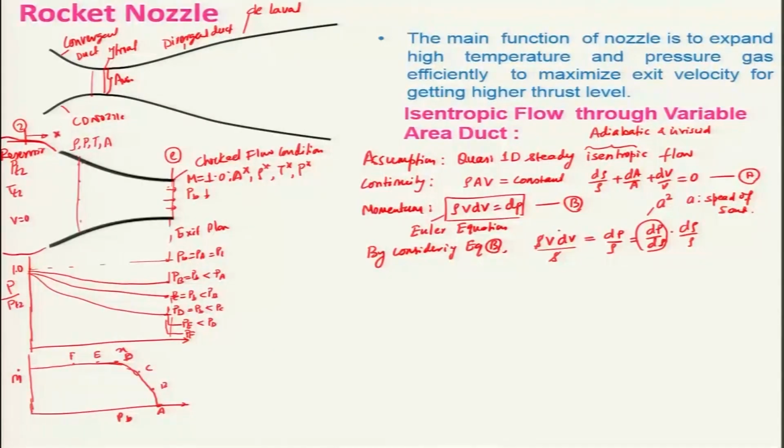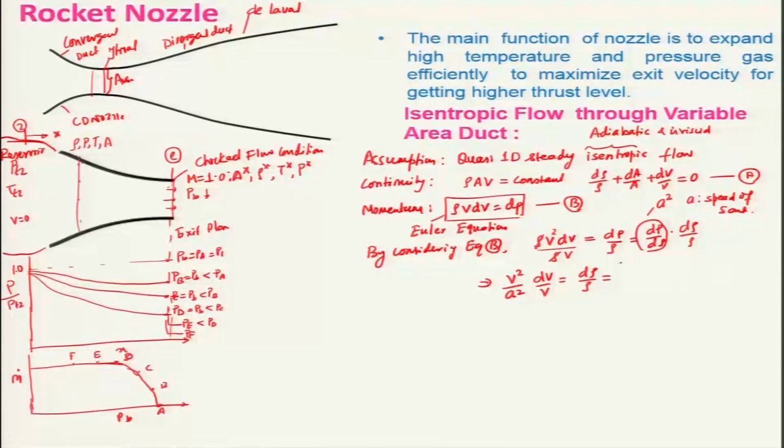Now I can also write V square here and divide by V. So this equation becomes V square by a square, dV by V is equal to d rho by rho.